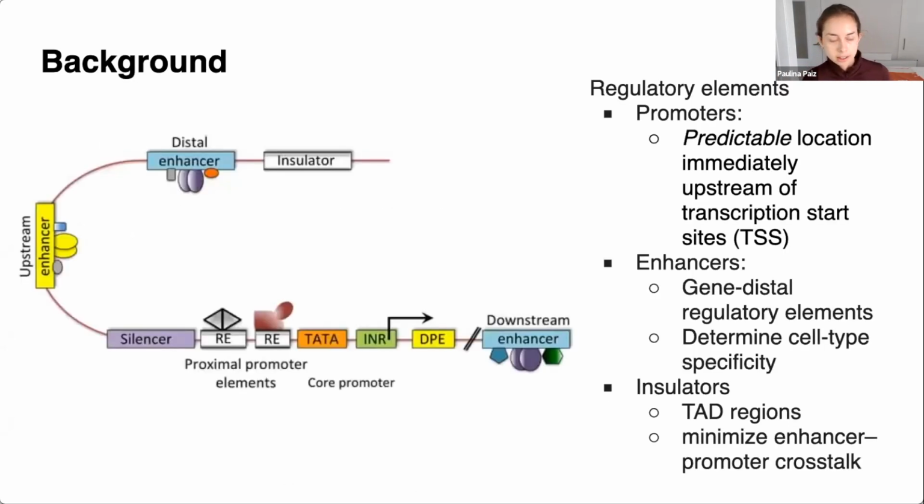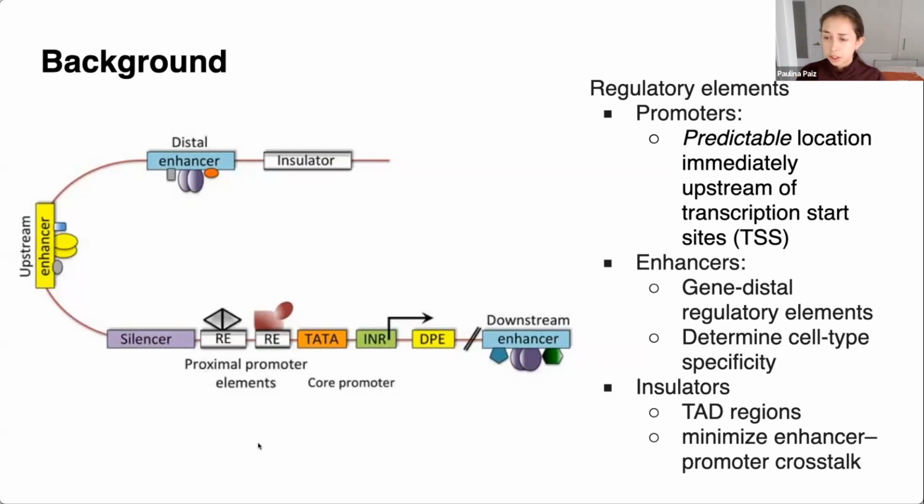So for any of you who are more on the software engineering side, I want to give a little bit of biology background. When we talk about regulatory elements, some of the ones that come to mind are promoters, enhancers, and insulators. Promoters are usually at a predictable location immediately upstream of the transcription start site, whereas enhancers are not as predictable in where they will be. Sometimes they're very far away, and they act through 3D interactions.